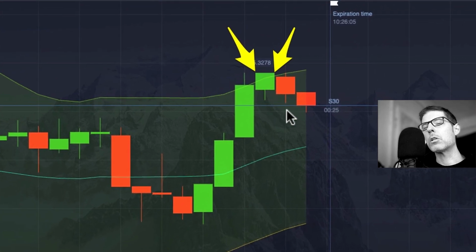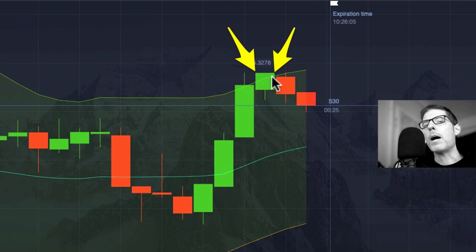But it must close outside of the Bollinger Bands, just like this. Each corner of the candle must be sticking out of the Bollinger Bands. If you're still within the Bollinger Band area, it does not count. It needs to be outside of this line here of the Bollinger Band.